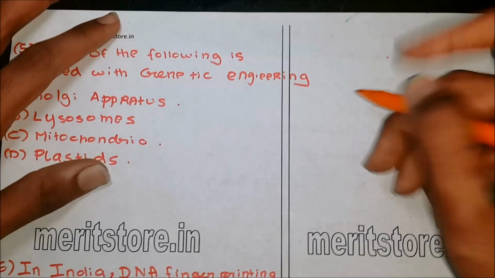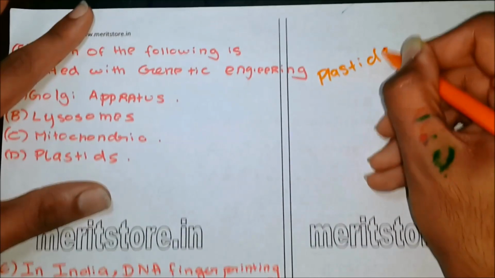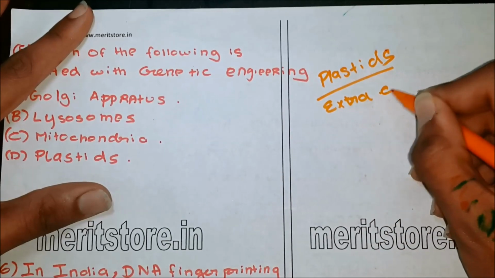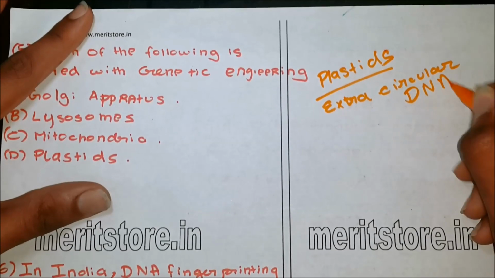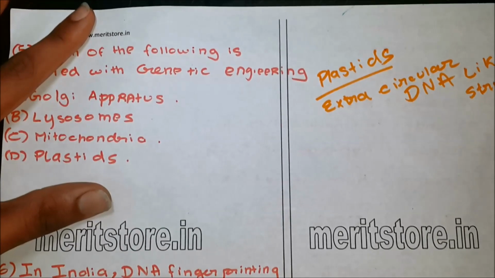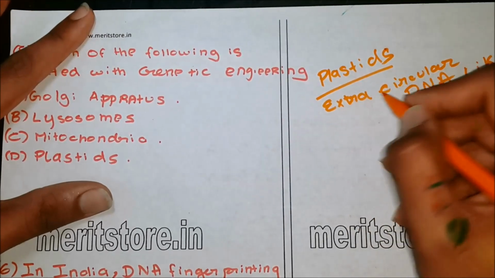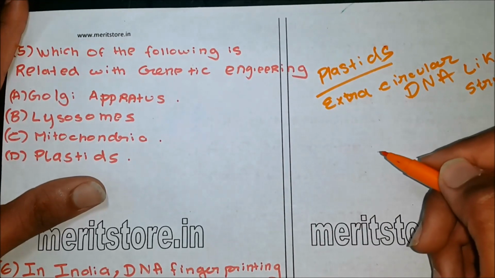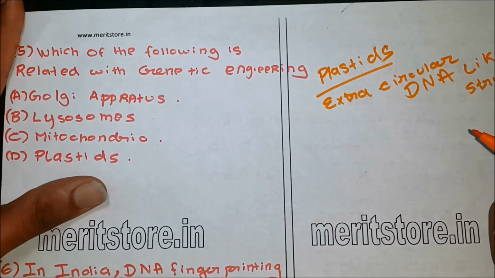Plastids, these are basically extrachromosomal DNA-like structures. There are a few reasons why we can use a plastid as an essential tool for genetic engineering.